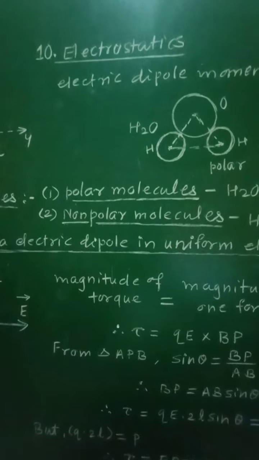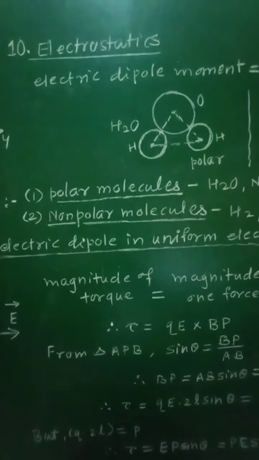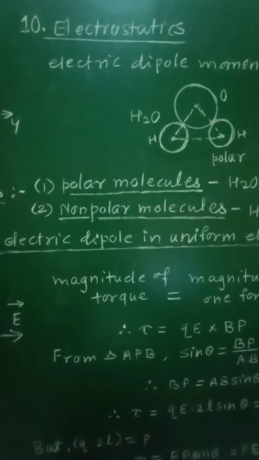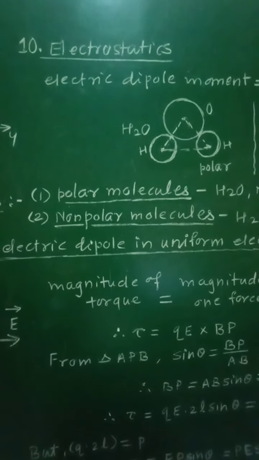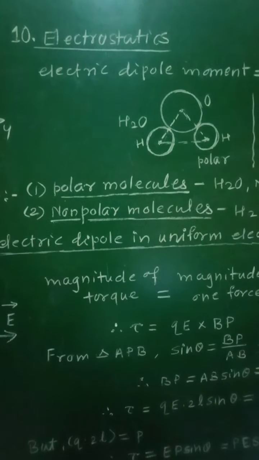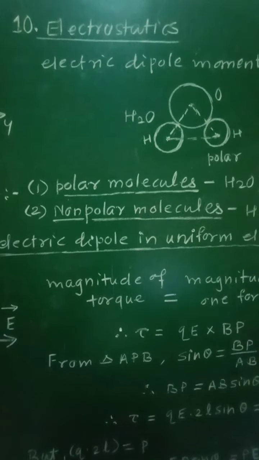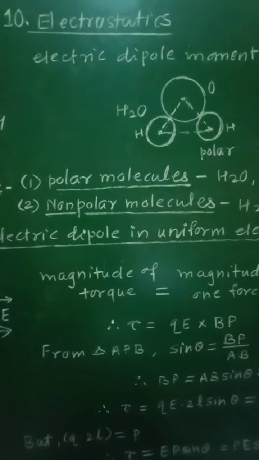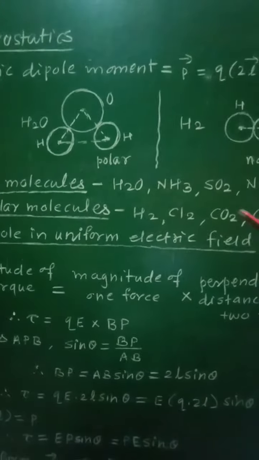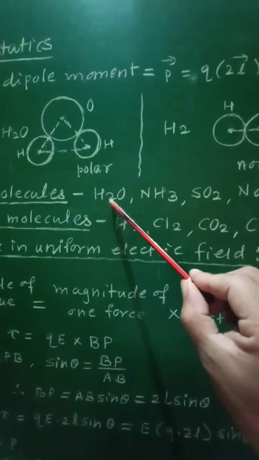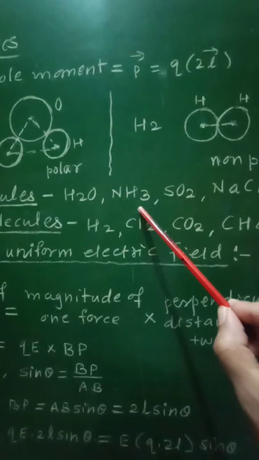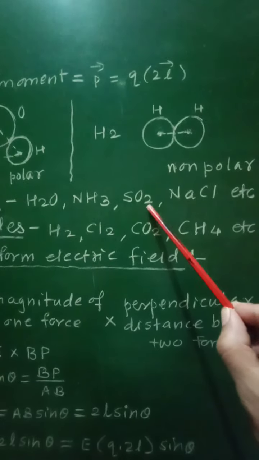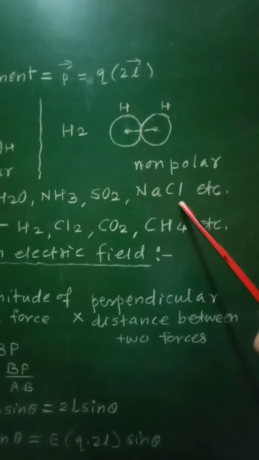That is, if the center of positive charge and the center of negative charge are not coinciding with each other, are not lying at the same point, then such types of molecules are called polar molecules. For example, H2O molecule, NH3 molecule, SO2 molecule, NaCl molecule.